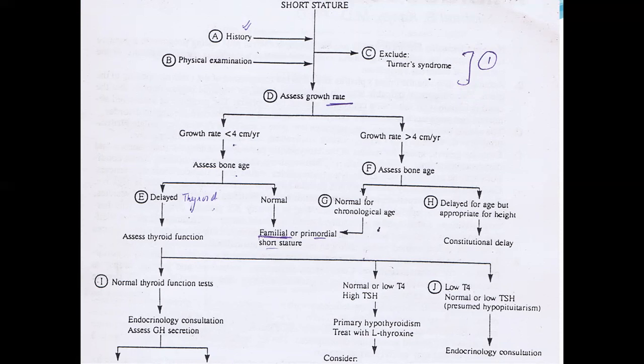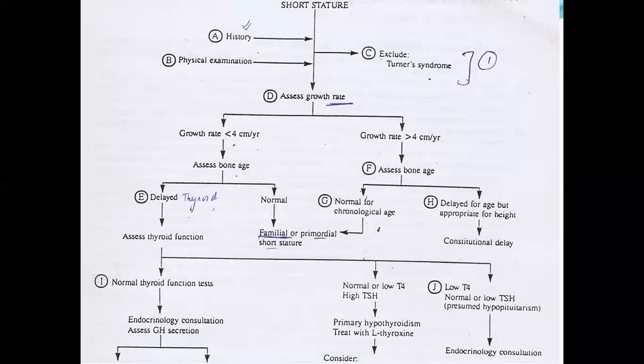If the bone age is delayed, we will assess the thyroid function. If the thyroid function is normal, we will assess growth hormone secretion. If low T4 and high TSH, then primary hypothyroidism, treat with thyroxine. If it is normal or low TSH, presumed hypopituitarism, we need endocrinology consultation.